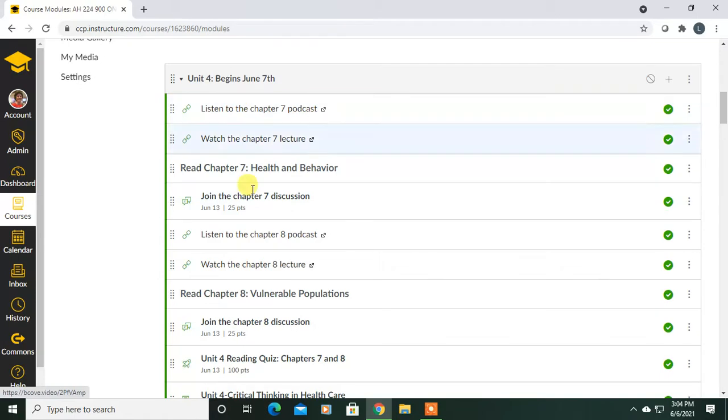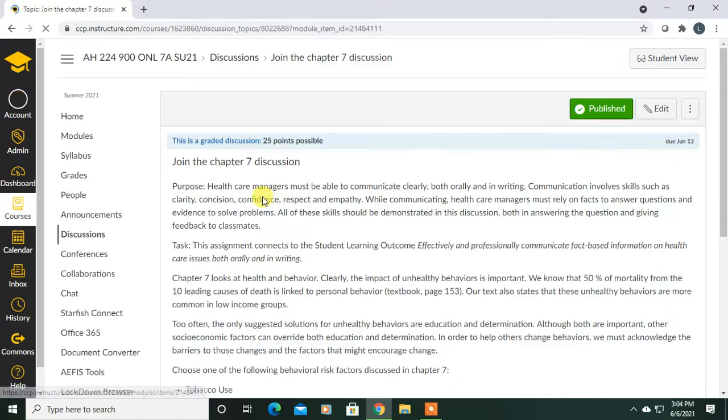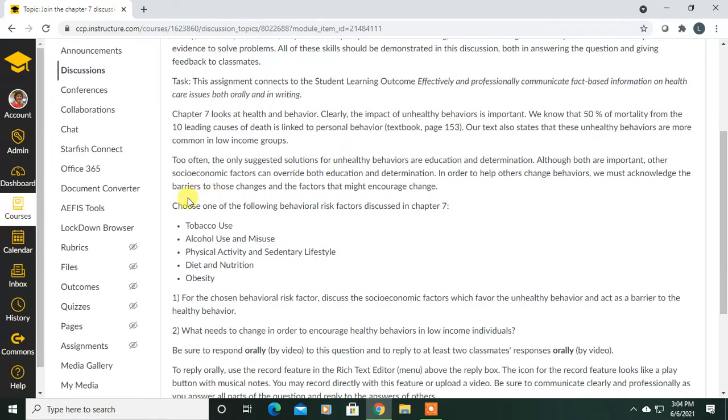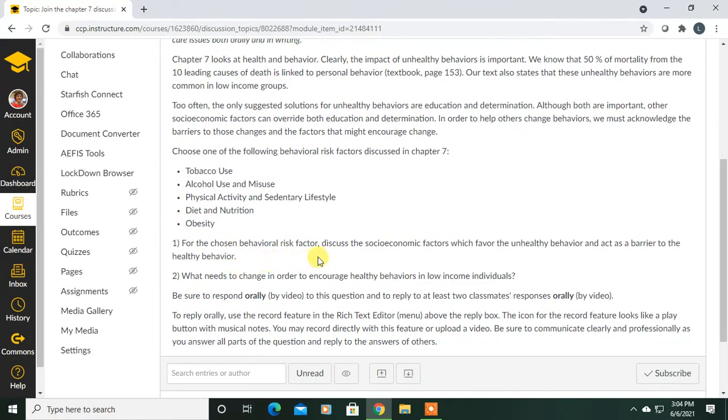Okay, so we've got 2 chapters as usual, very important chapters, one on health and behavior, the second on vulnerable populations. Same type of work. In the Chapter 7 discussion, you are going to choose one of the behavioral risk factors. You're going to talk about the things that get in the way of doing the healthy thing around that risk factor. For example, besides what I call education and determination, what makes it difficult to become more physically active?